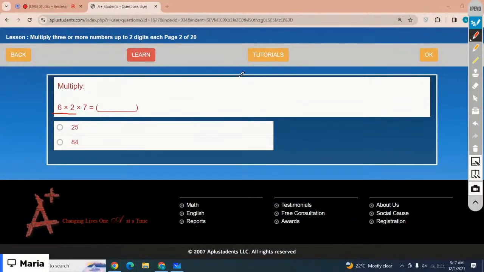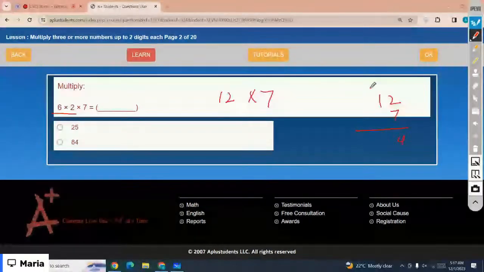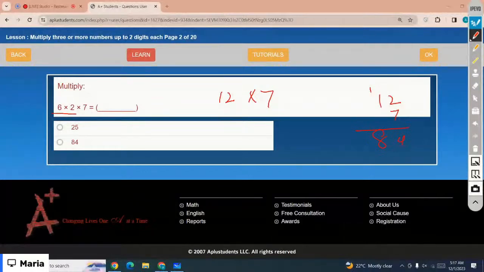You have to do 12 times 7, right? Let's just multiply. 7 times 2 is 14. 4, 1 carry. 7 times 1 is 7 and 1 is 8. That is 84. That means 6 times 2 times 7 is 84. The correct option is 84, right?